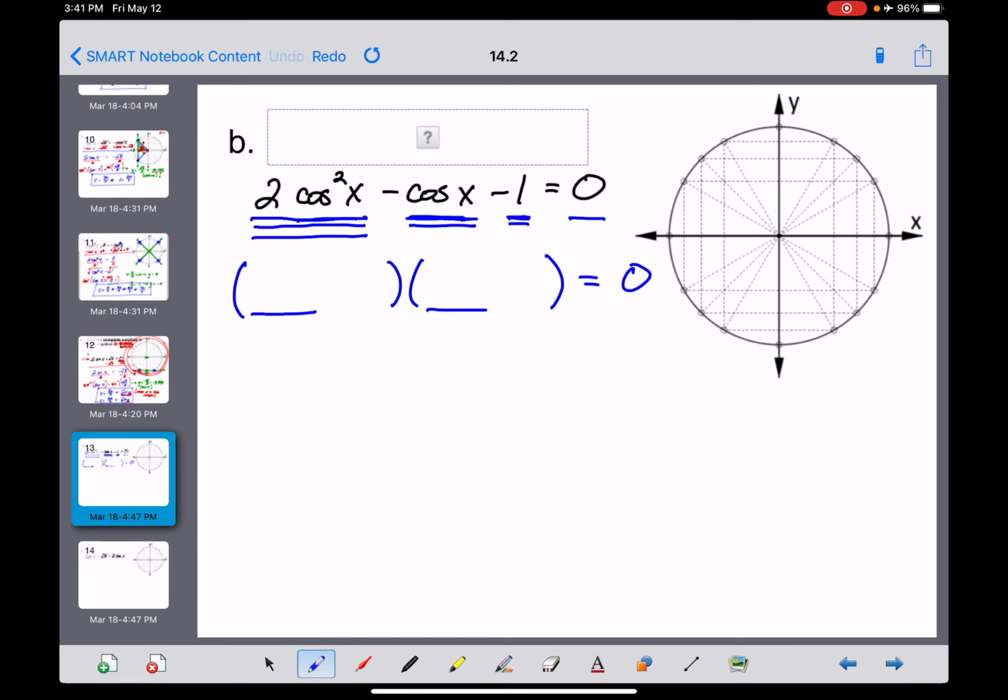But with a 2 there, I also need 2 coefficients that multiply to 2. One of them is going to be 2. So 2 cosine of x is going to go here, and the other one is 1 cosine of x. And if you guys think about this, hopefully you're with me here, 2 cosine of x times cosine of x gets you 2 cosine squared of x.